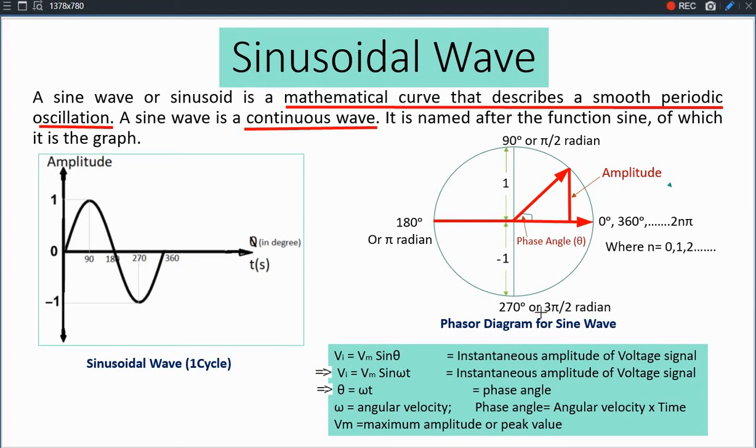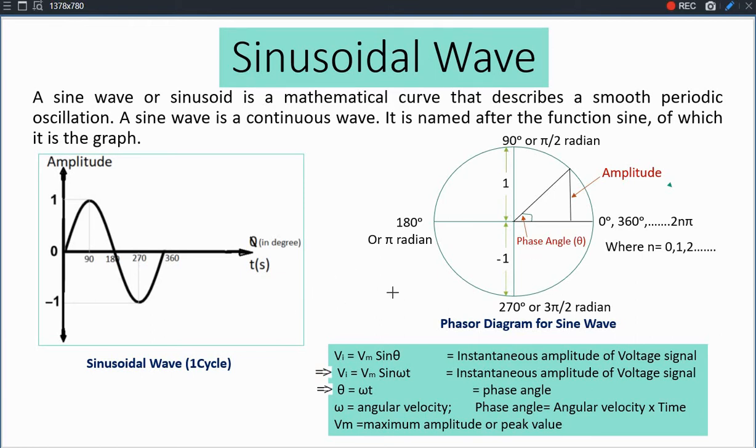And from 3 pi by 2 radian to 2 pi radian, that means 270 degrees to 360 degrees, the values increase from -1, and it reaches 0 when the angle reaches 360 degrees. So these two are the graphical representation and the phasor form representation of the sinusoidal wave.